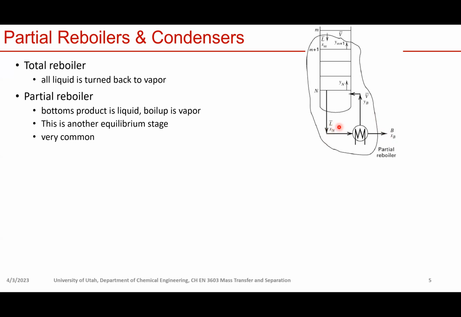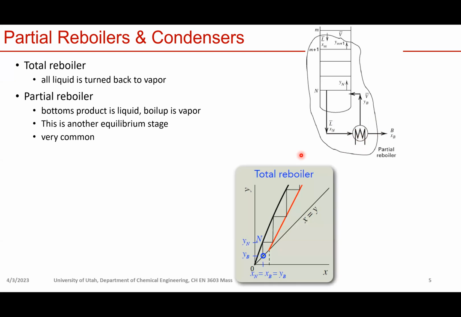Typically, XN is in between YB and XB. If we only partially vaporize this liquid, we create a vapor and a liquid with different compositions, and that functions like another equilibrium stage. In this case, it's very common.